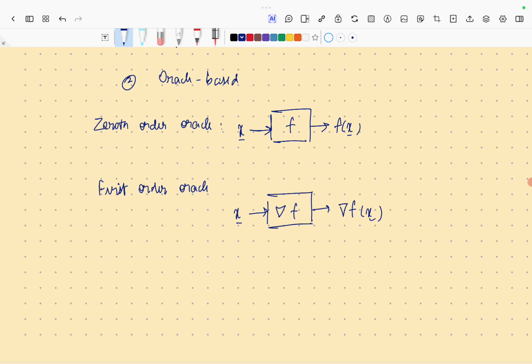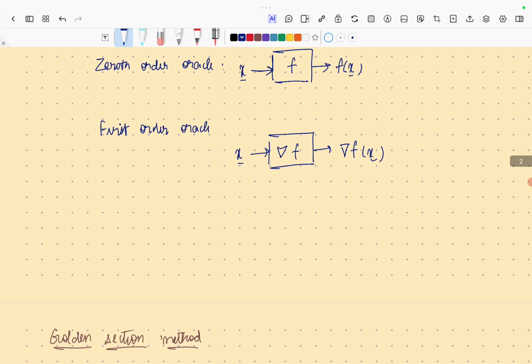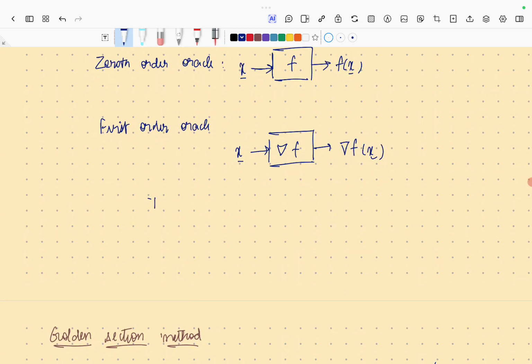So essentially the complexity of an algorithm could be measured by the number of oracle accesses that I have to make. That's how we'll measure the time complexity. So the running time could be measured by the number of accesses.